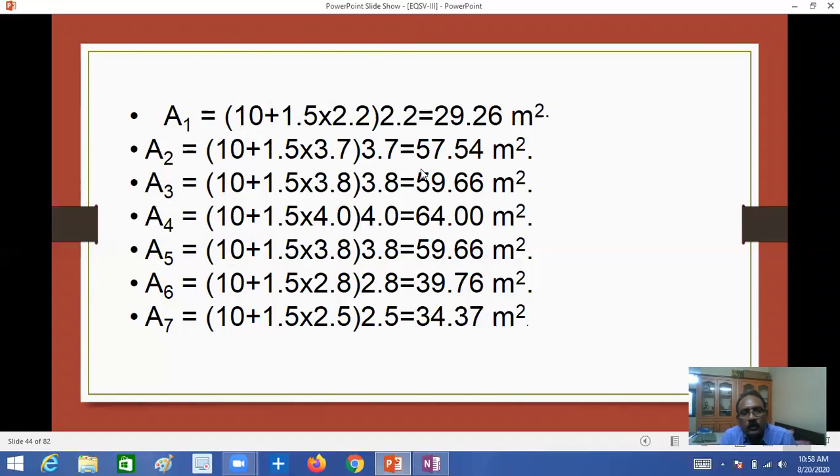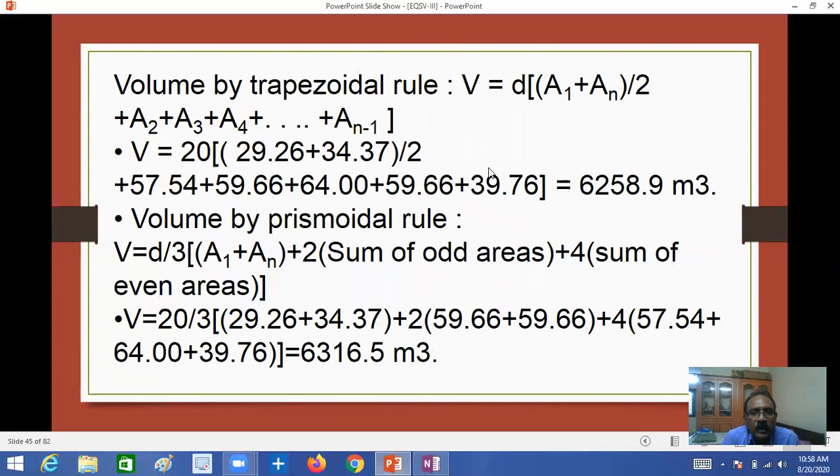Now we have two formulas. Volume by the trapezoidal rule: V equals L times, first area plus last area divided by 2, plus the remaining areas A2 plus A3 plus A4, A5, up to A(n minus 1).